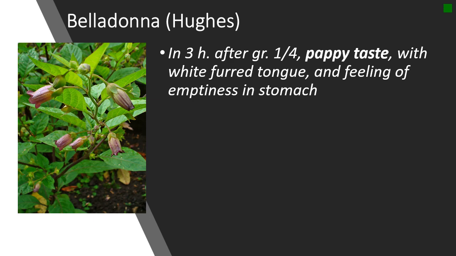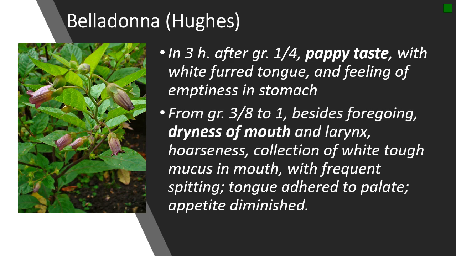This prover continued with the proving, and when he took between 3/8 to 1 grain of that particular medicine, which is belladonna in this case, besides the foregoing, that means besides all the symptoms mentioned here, he experienced a dryness of mouth and larynx, hoarseness, collection of white tough mucus in mouth with frequent spitting, and the tongue adhered to the palate and appetite was diminished.